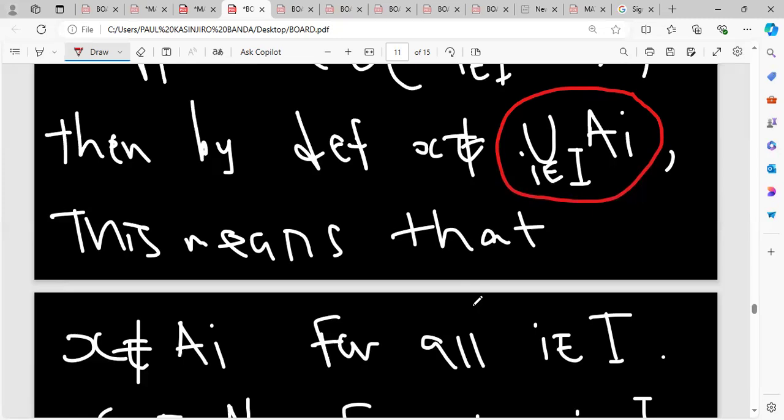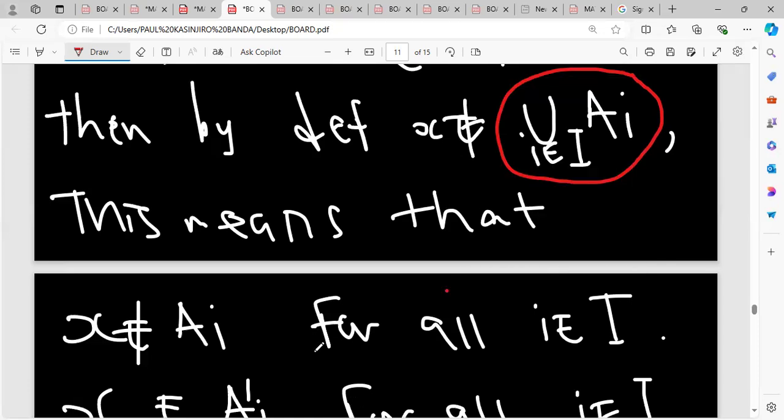But it doesn't make it wrong when we say for all here, because if it was in one of these AIs, then this X would have been in this union. But this X is not in all of these, so it means that X is not a member.